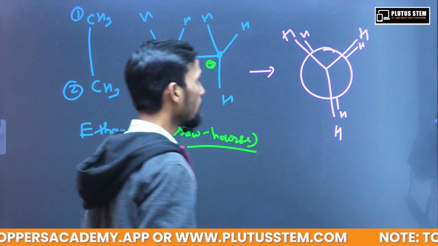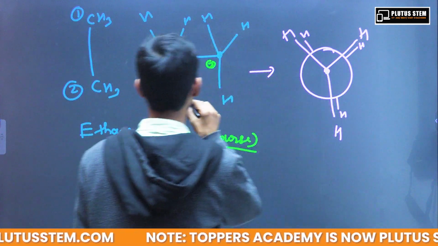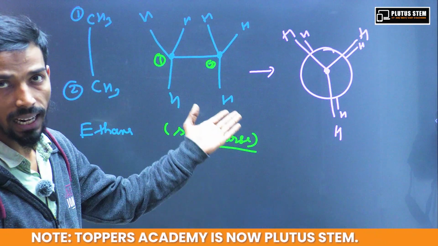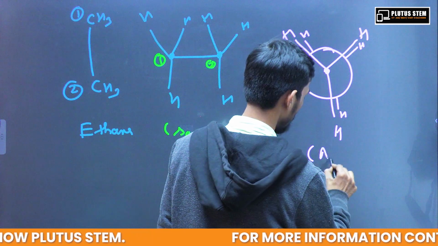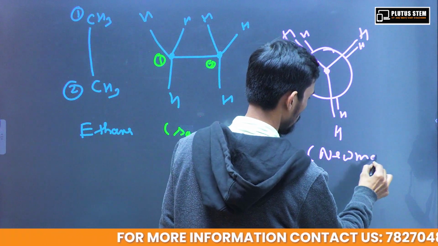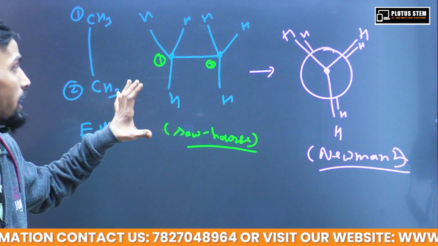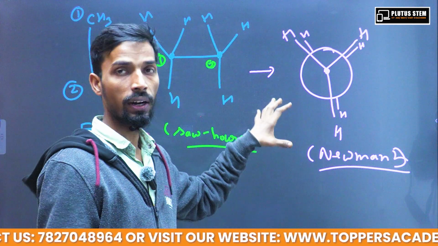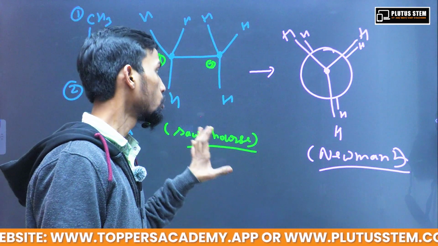So these are on the back side. This is carbon 1, which is in front, and carbon 2 is behind, not visible to us. This is the Newman projection. This is how we can visualize the ethane molecule in different ways. Clear or not? So this is the way.